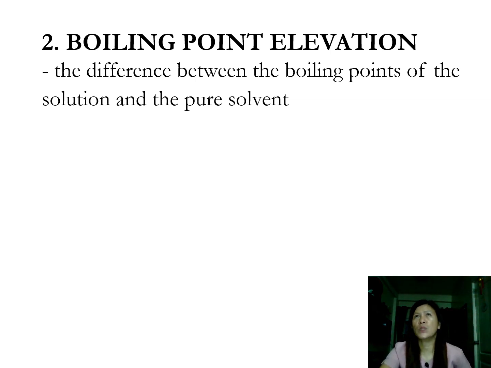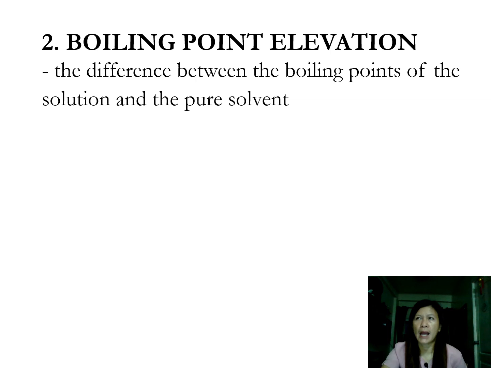Boiling point, as we defined earlier, is the temperature at which the vapor pressure of a solution equals the atmospheric pressure, and that is indicated by the formation of bubbles. Boiling point elevation as a colligative property is defined as the difference between the boiling points of the solution and the solvent.